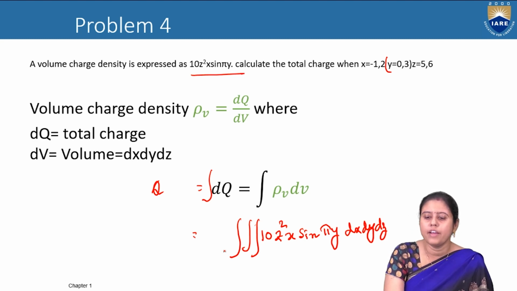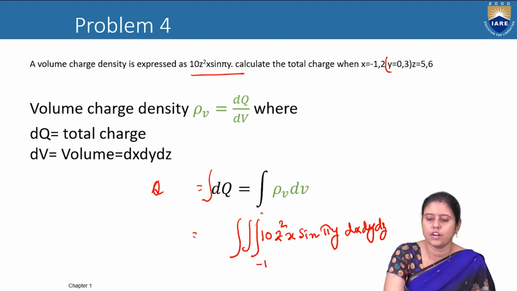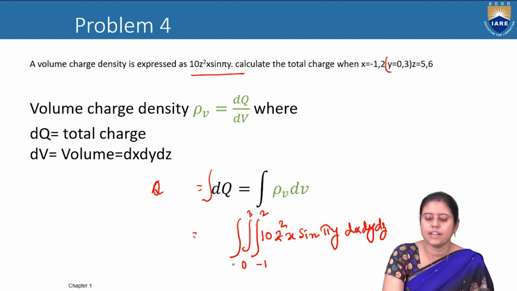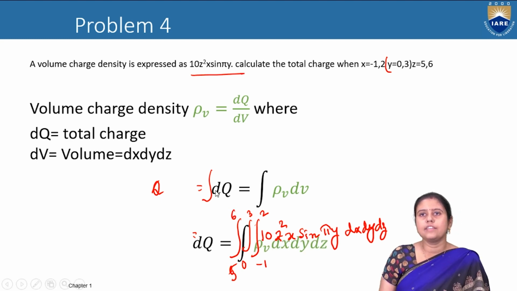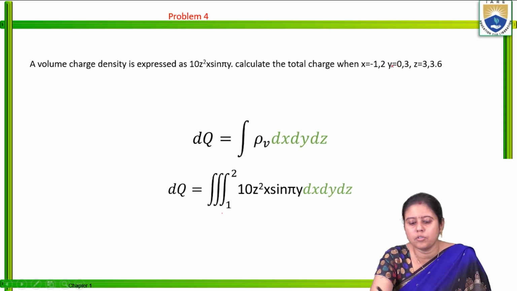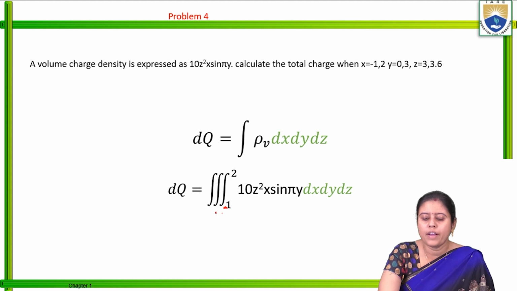What are the values? X is equal to minus 1 to 2, y is equal to 0 to 3, z is equal to 5 to 6. So if we do the integration, x is equal to minus 1 to 2, y is equal to 0 to 3, and z is equal to 5 to 6.